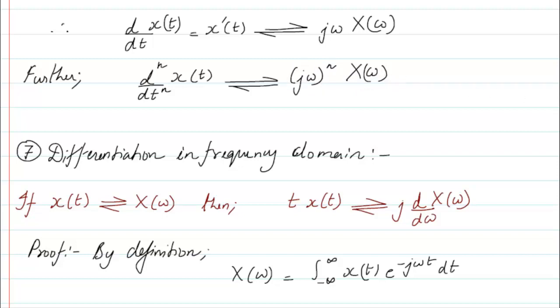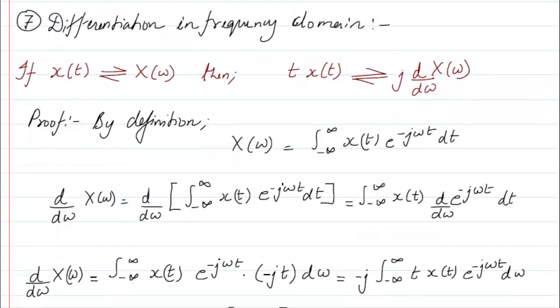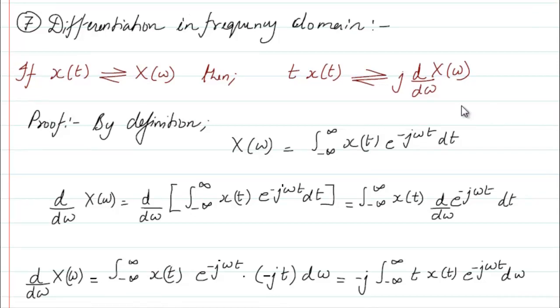Next we will look into the next property, which is differentiation in the frequency domain. Here what we are trying to say is that if there is a function x of t whose Fourier transform is X of omega, then if you multiply x of t with time itself, that means with t, then on this side the normal X of omega gets differentiated once and gets multiplied with j.